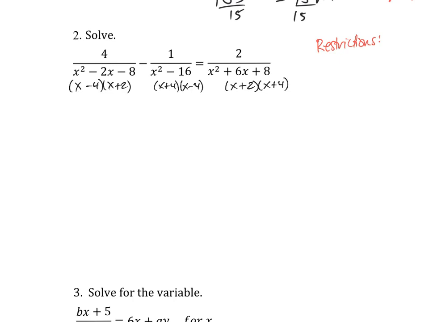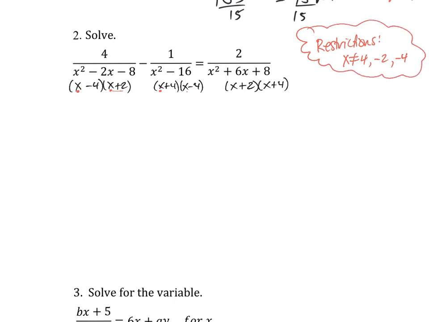So if we put a positive 4 in, that would create 0 here. If we put a negative 2 in here, that would create a 0. A negative 4, we already got the positive 4, and then these are repeats as well. Okay, so we just have 3 restrictions.